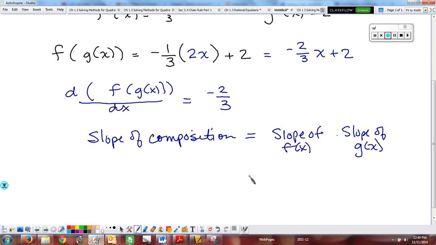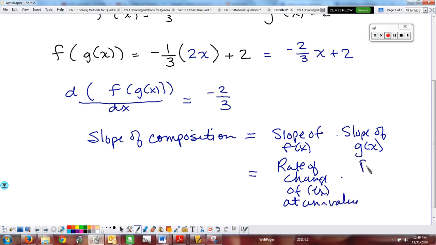Or in other words, we can think about it as basically taking the rate of change of f of x at an x value times the rate of change of g of x at an x value.